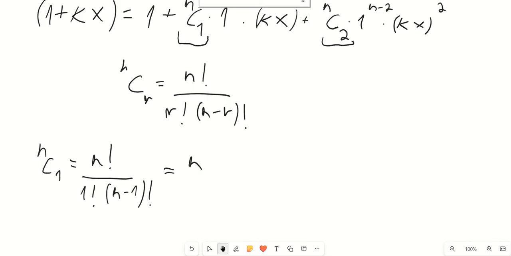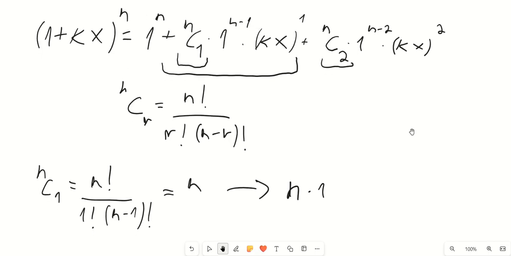So this number nC1 is n, and if I return to this term and write it down fully, I get n times 1 to the power of n minus 1, which is 1, times kx to the power of 1, which is kx.